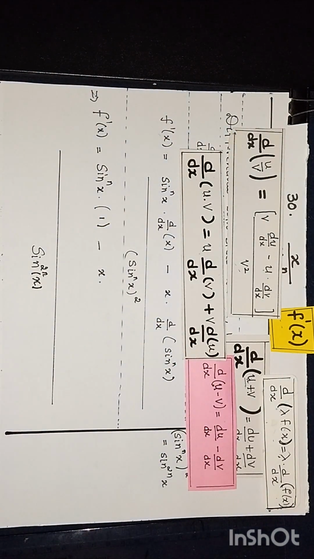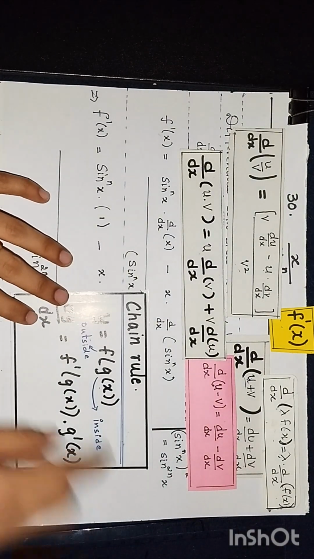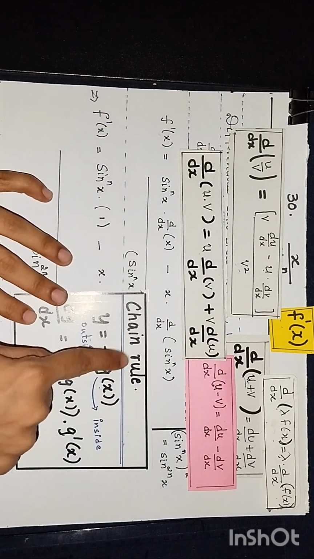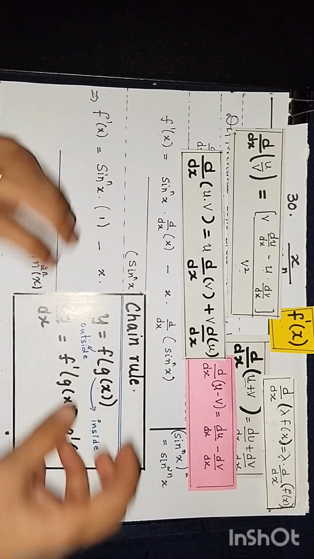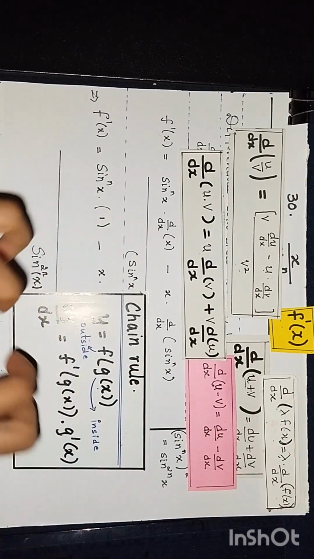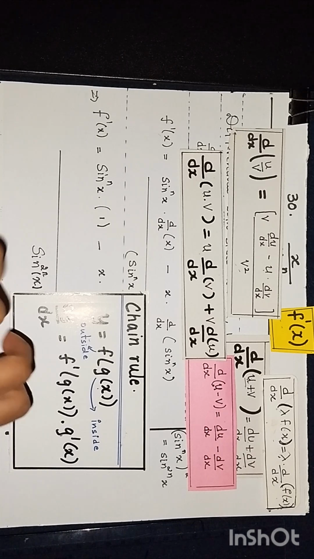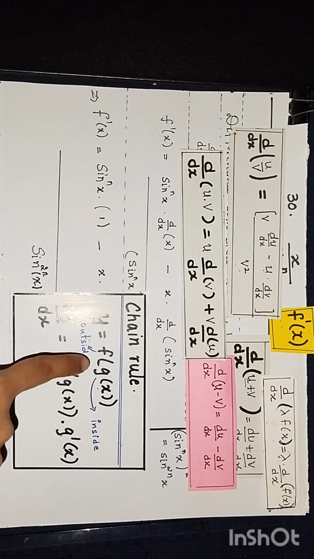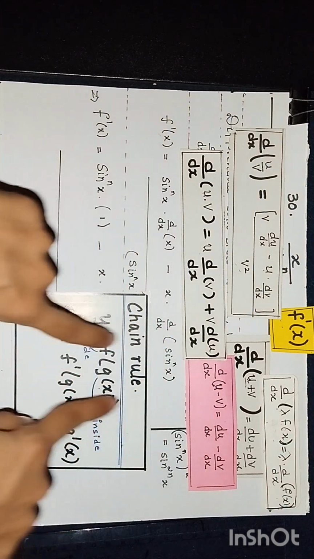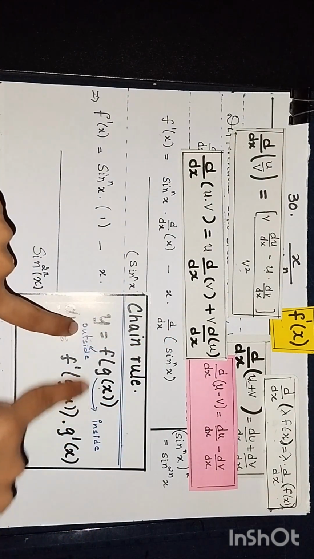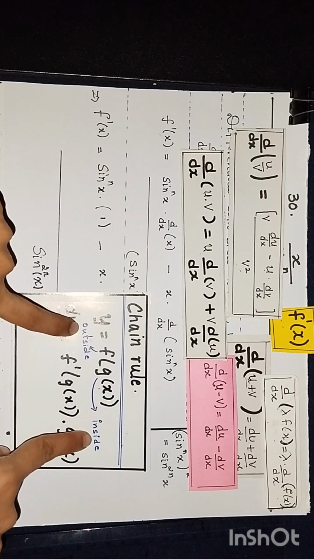We have to apply chain rule. Here the function is composed of one another. They're clubbed. So you have two functions here, one is the outside function, and the other the inside function.